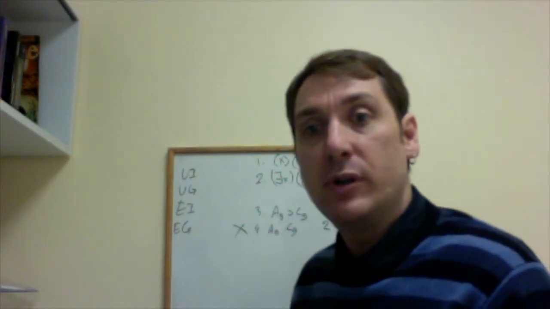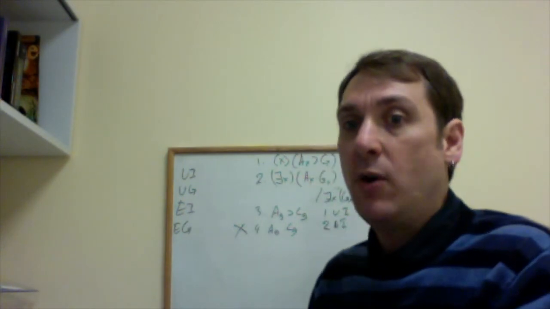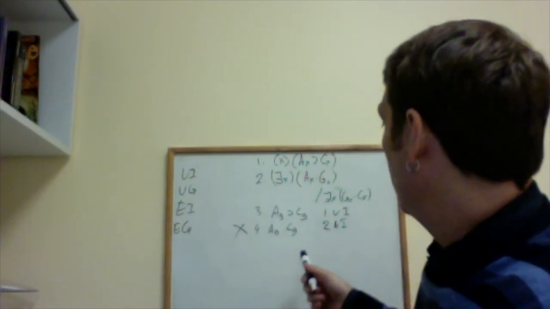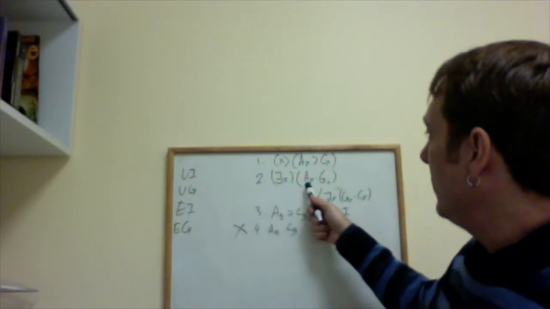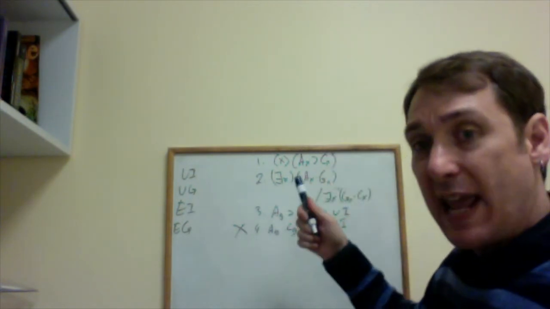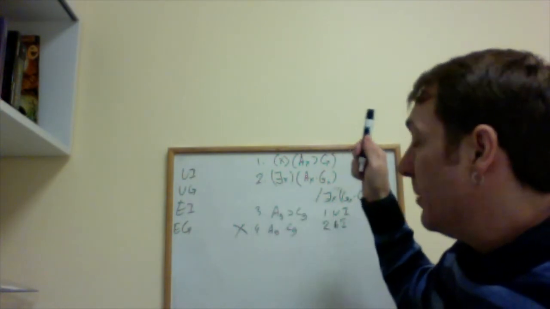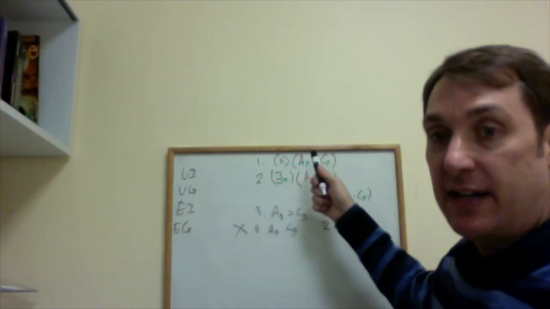And that's a very important restriction on how you're able to use the existential instantiation rule. The rule says that you can substitute this for anything you want. It has to be a name, can't be another variable, has to be a name, but it can't have appeared previously in any line of the proof.